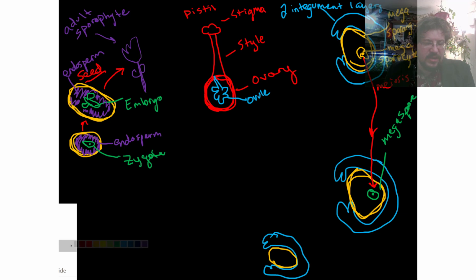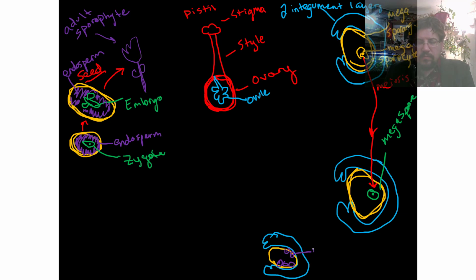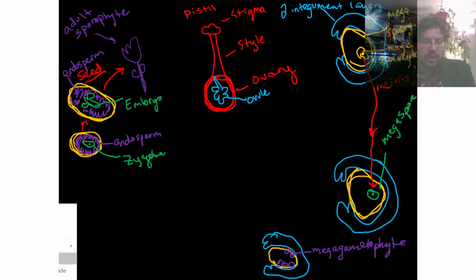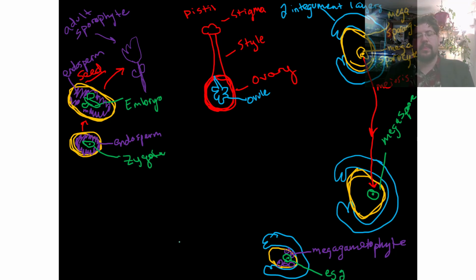The megagametophyte produces the egg. So here's some megagametophyte. There's our egg. All right.